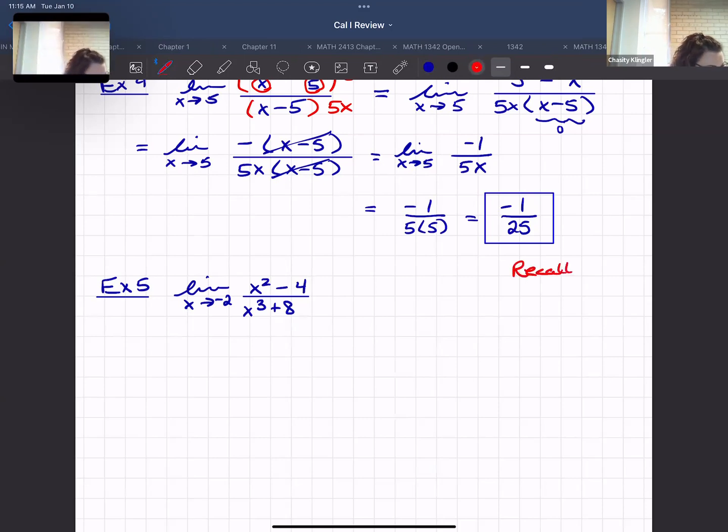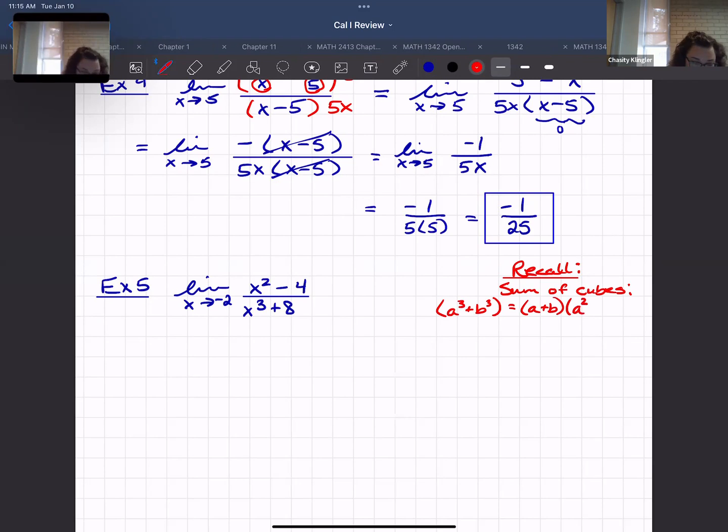Just a little refresher. The sum of cubes: if you have a cubed plus b cubed is a plus b times a squared minus ab plus b squared.